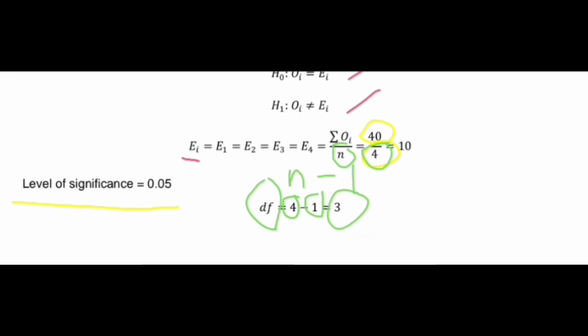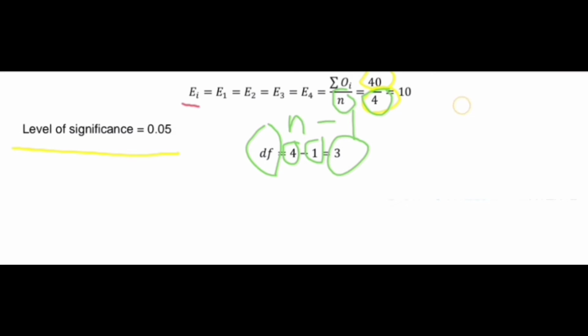So we have the df of 3. We have our level of significance that will be equal to 0.05 and the df of 3.